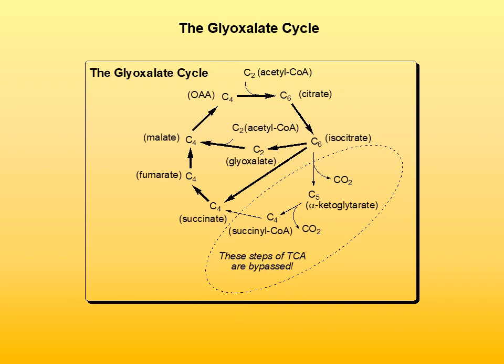One key enzyme, isocitrate lyase, converts isocitrate to succinate and glyoxylate. So at that point, the cycle bifurcates to the 2-carbon unit glyoxylate and the 4-carbon unit succinate. The second key enzyme, malate synthase, condenses glyoxylate, the 2-carbon unit, with a molecule of acetyl coenzyme A to form malate.